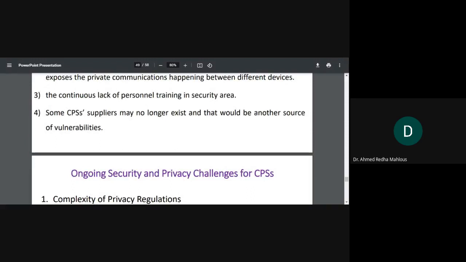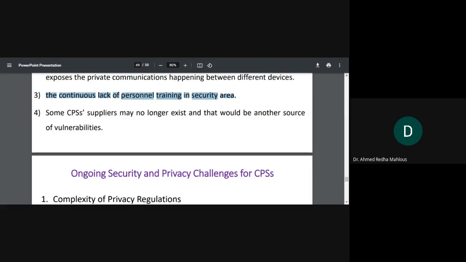Another type of challenge related to CPS security is the continuous lack of personnel training in the security area. Sometimes you find, for instance, a manufacturer that has been running for maybe 20 or 30 years, constructing cars or making other items, and they lack training for their personnel.